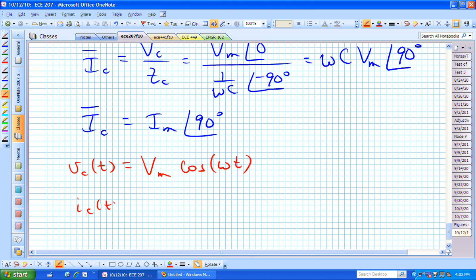For the current, that's I sub m, where I sub m is related to the voltage by what we just derived if you want to pull that more detailed information out. But we now have I sub m cosine of omega t plus 90 degrees, or that's minus I sub m sine of omega t.